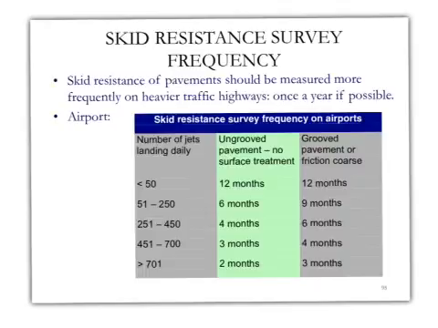So for example, if you have a very busy airport that has more than 700 jets landing on a daily basis, then this is going to trigger more frequent skid resistance measurement than an airport that has less than 50 jets landing every day.